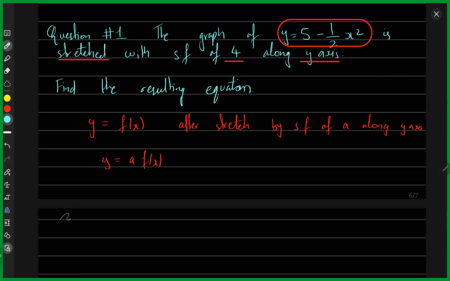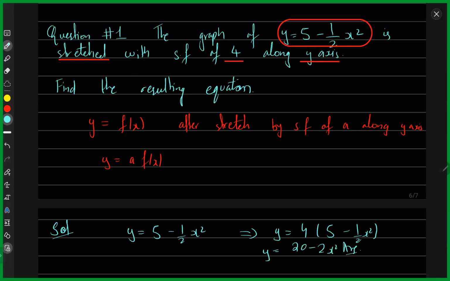So if I talk about the solution, it is y equals 5 minus 1 by 2 x squared, and it would become y equals 4 multiplied by 5 minus 1 by 2 x squared. That is y is equal to 20 minus 2x squared, and this is going to be the answer.